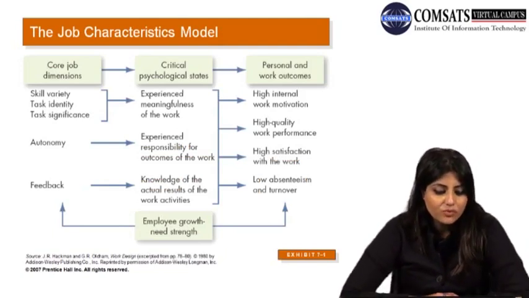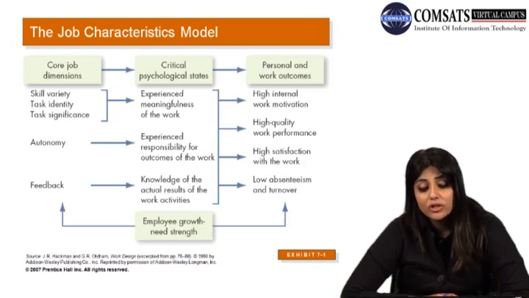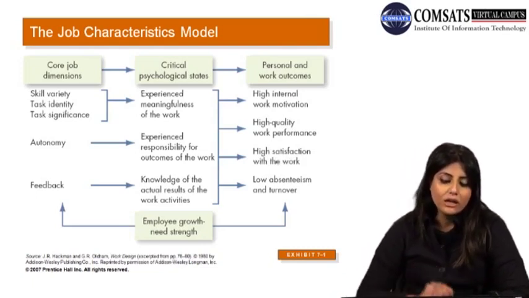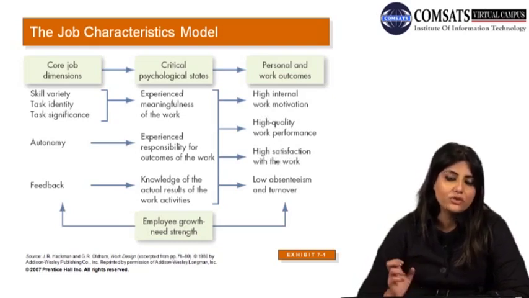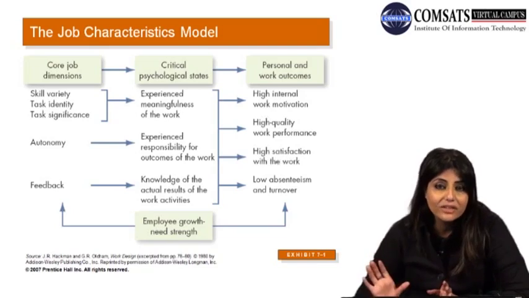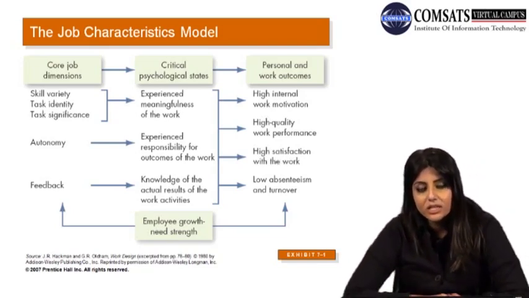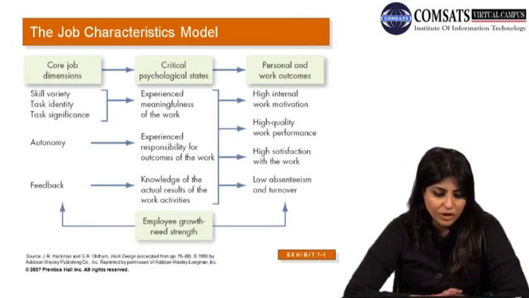We have the core dimensions, which are skill variety, task identity, and task significance, and which lead to the critical psychological state of experienced meaningfulness of the work. Right? So if you have all these 3, you will experience your work as more meaningful when you have more variety in your task, when you can identify with the task, and when you perceive that it is significant. It will give you a feeling of meaningfulness, and it will increase your internal work motivation.